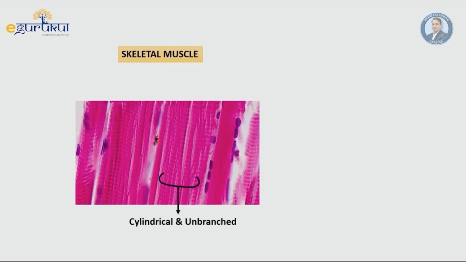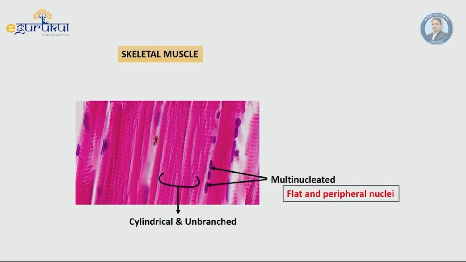Secondly, skeletal muscle fibers are multinucleated and their nuclei are present on the periphery. They have peripheral, flat nuclei, contrary to the cardiac myocyte, where you'll see a more oval nucleus. So we have flat and peripheral nuclei in the skeletal muscle.